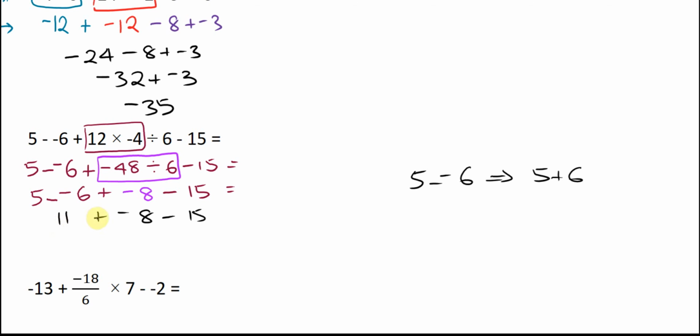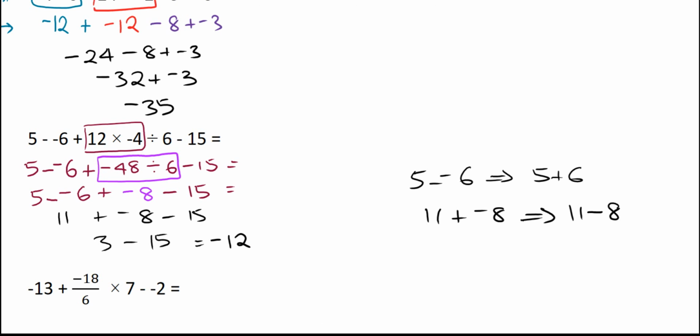So 11 plus -8 can be rewritten as 11 minus 8. So that will give me 3. And I'm just left with 3 minus 15. So start at 3 on the number line, subtract 15, move off to the left 15 steps, and you'll end up at -12.